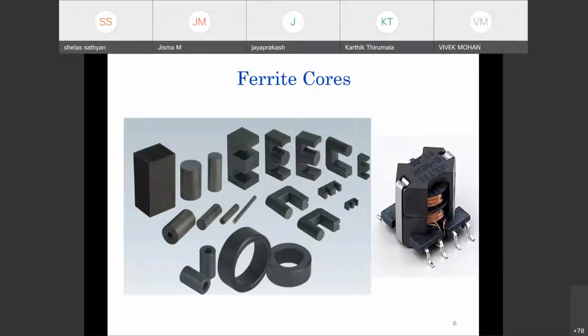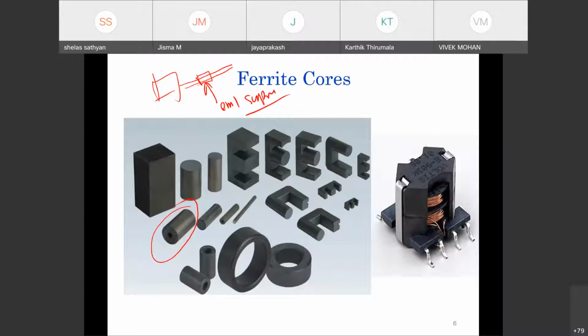For example, this is a ferrite bead. You may be familiar with the ferrite bead, which is usually used for our power supply, for example, laptop charger, etc. If you see the laptop charger, before the connection, there will be a small projection. That is nothing but a ferrite bead installed, which is acting as an EMI suppression filter.